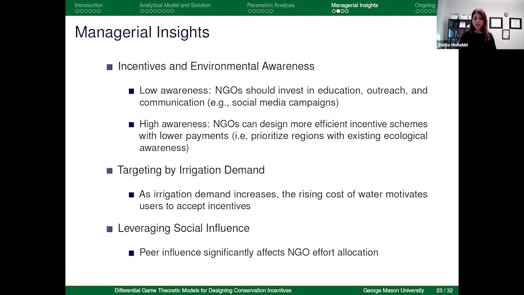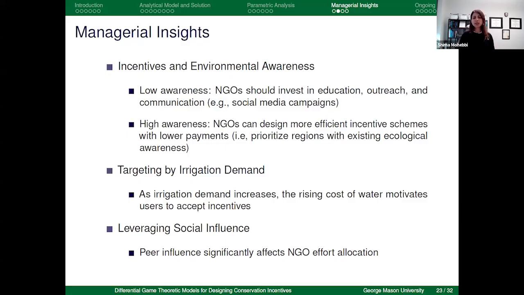First, a higher environmental revenue coefficient, the fee values, leads to lower average incentive payments by NGOs. And these coefficients reflect users' awareness of long-term water level impacts. So we have 2 scenarios here. For the low awareness scenario, NGOs should invest in education, outreach, and communication.